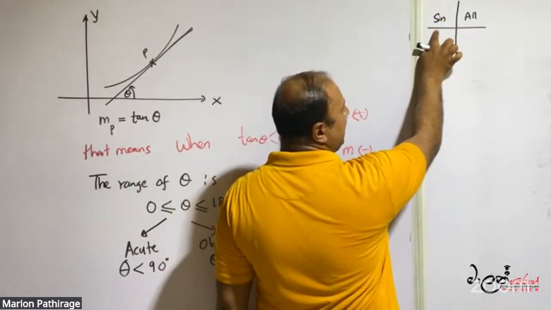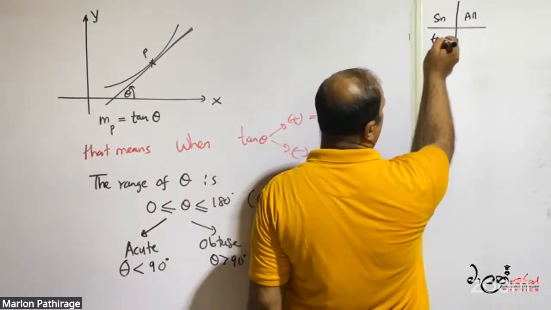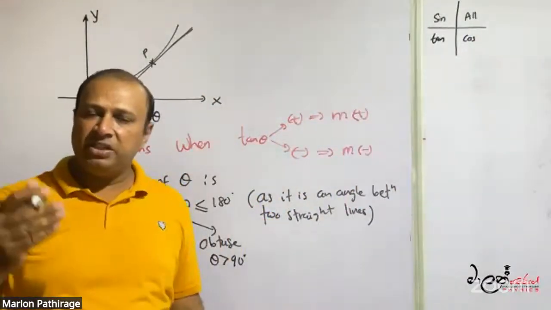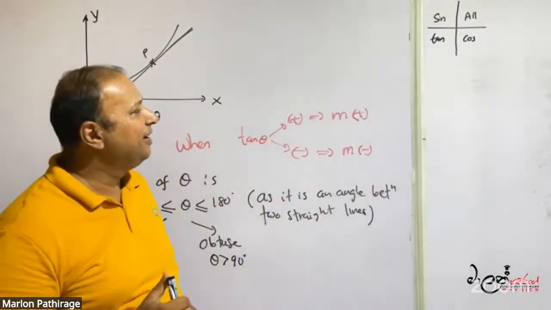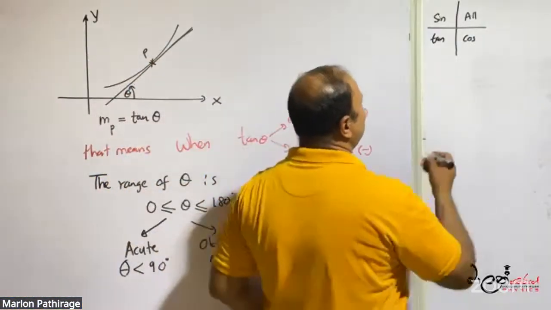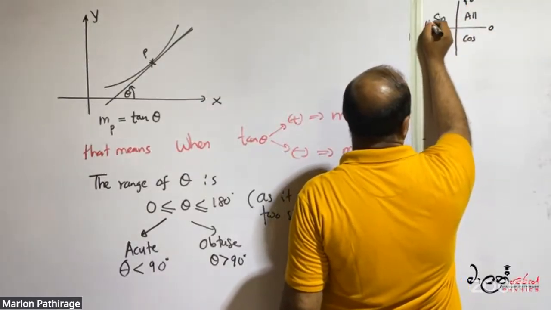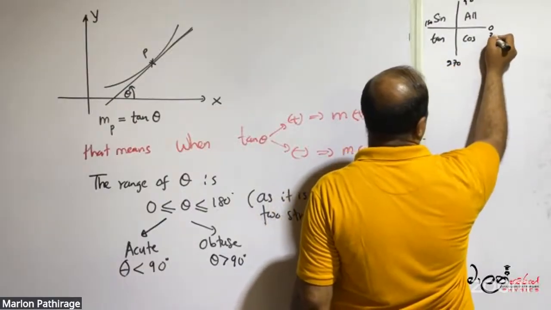If it is 180 to 270, only tan is positive. If it is 270 to 360, only cos is positive.